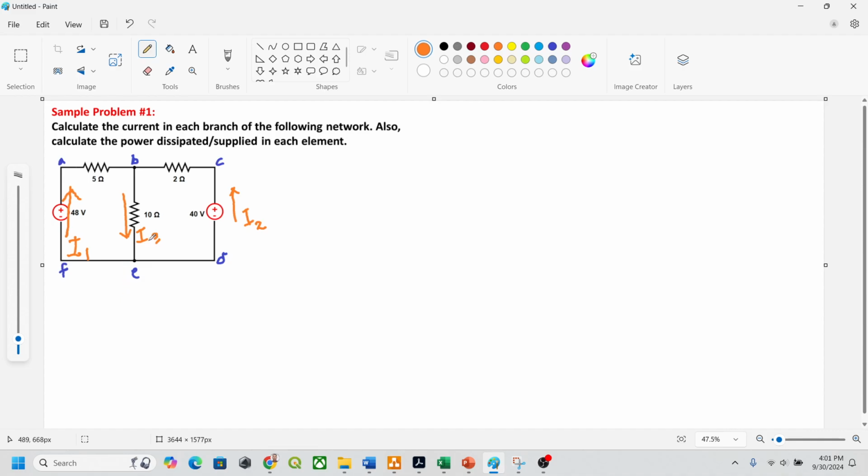This tells us this problem can be solved with three linear equations: three equations, three unknowns.